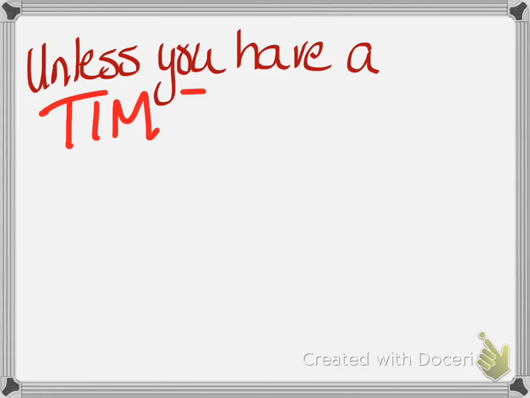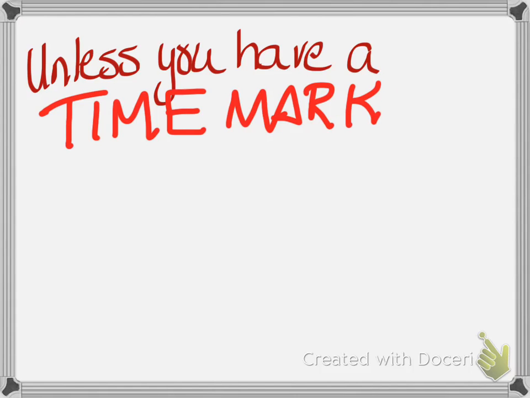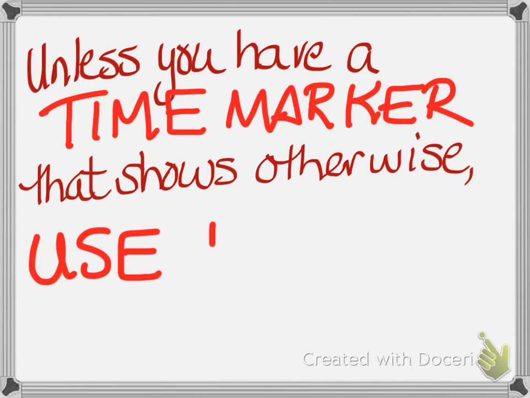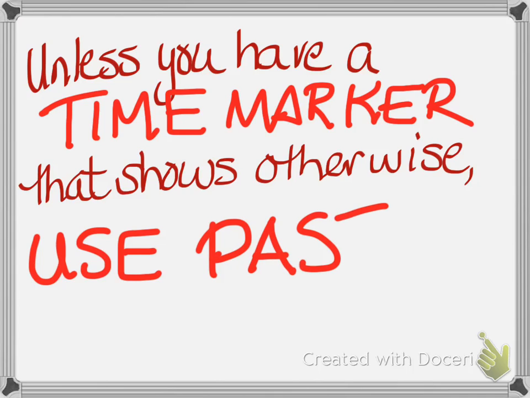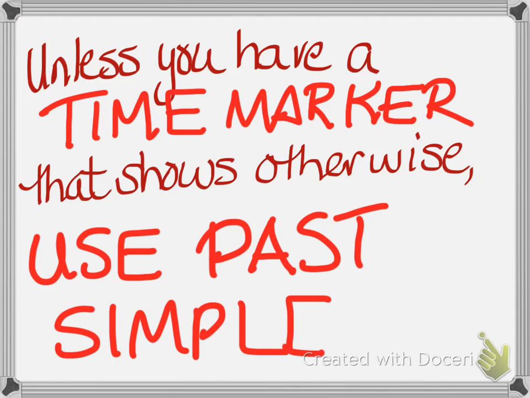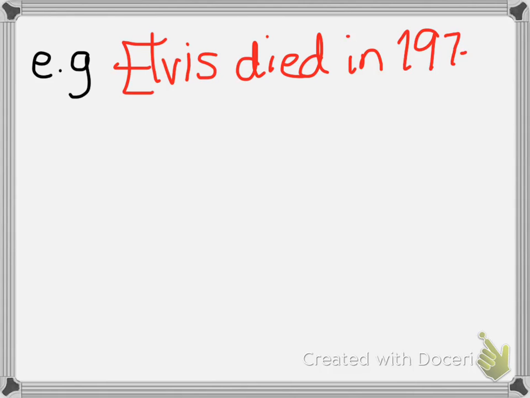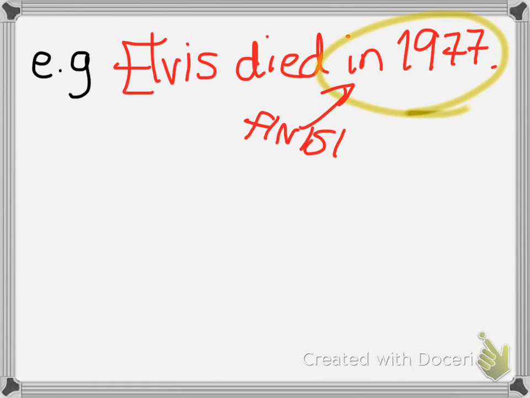Unless there is some clear indication in the sentence, such as an adverb like since or for, unless you have a clear indication that the action is connected to the present or that it could happen again, and most times it doesn't, if you don't have that clear time marker, automatically use past simple. Okay? This is why the difference between pretérito perfecto and present simple is a little bit confusing.